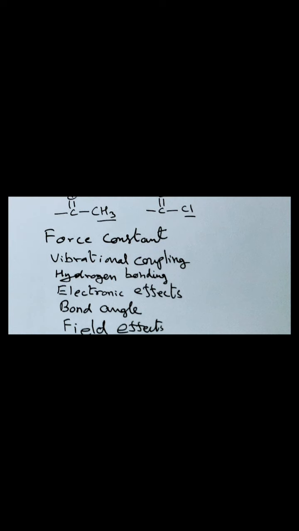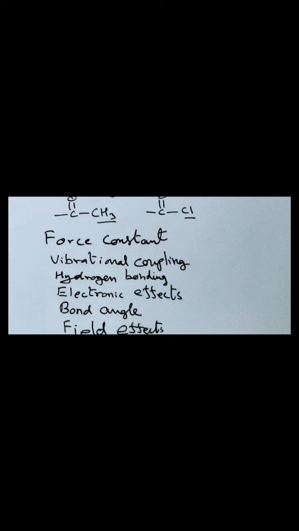Carbon-carbon double bonds have one sigma bond and one pi bond. Carbon-carbon triple bonds have one sigma bond and two pi bonds. A double bond will be stronger than a single bond, and a triple bond will be stronger than a double bond and a single bond. So the strength of the chemical bonds plays an important role in calculating the frequency of absorption in IR spectroscopy.